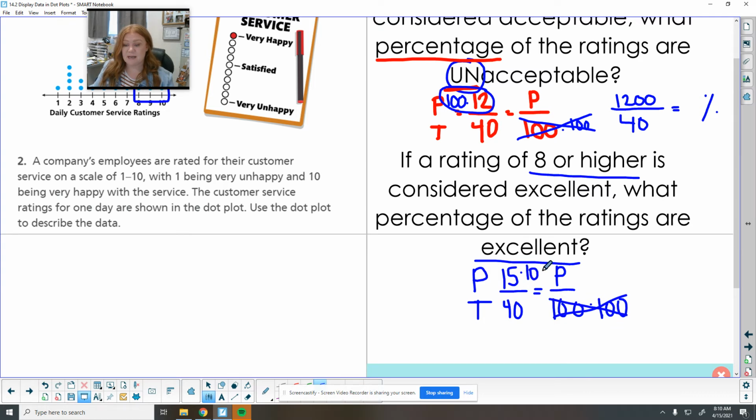So 15 times 100, 1,500. And then we're going to divide by 40. So 1,500 divided by 40 will give us the percent of people that considered their customer service excellent. So go ahead and solve that.